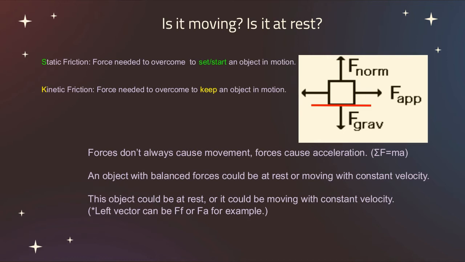And remember, when we say balanced forces, it means that the net force is equal to 0 newtons. So forces don't always cause movement. Forces cause acceleration. And an object with balanced forces could be at rest or could be moving with constant velocity. So when we look at this picture without knowing the word problem, we don't know which is which.